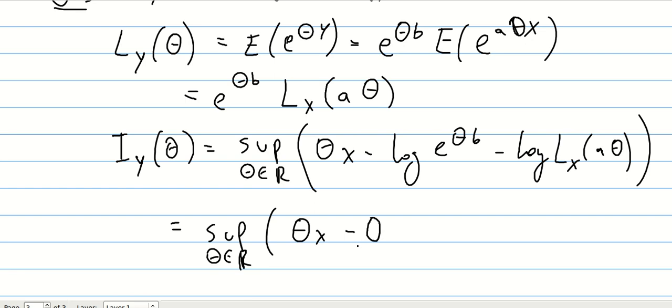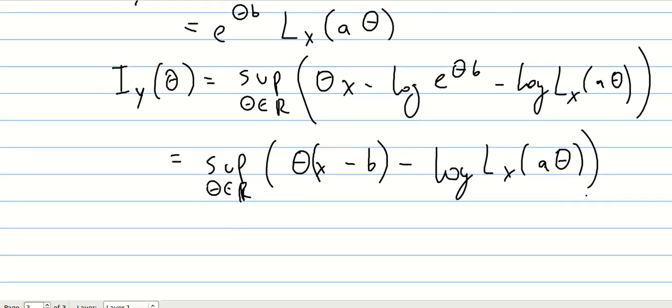So I'm going to put theta b here, minus the log of the Laplace transform of x at the point a theta. And what's the advantage of writing it like this? If we do the transformation a theta to eta, then because a is non-zero, this supremum is the same if we take it over theta or over eta.